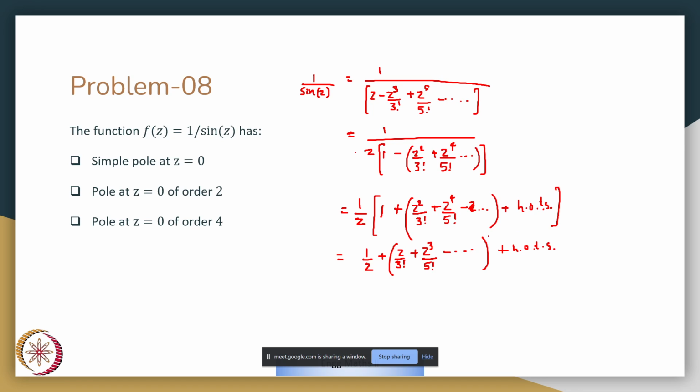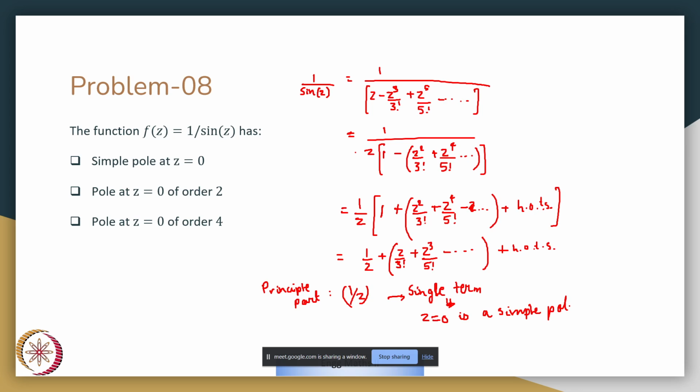So we note that in this Laurent series expansion, our principal part is 1 by z, and it only has a single term. Therefore, the singular point z equal to 0 is a simple pole.